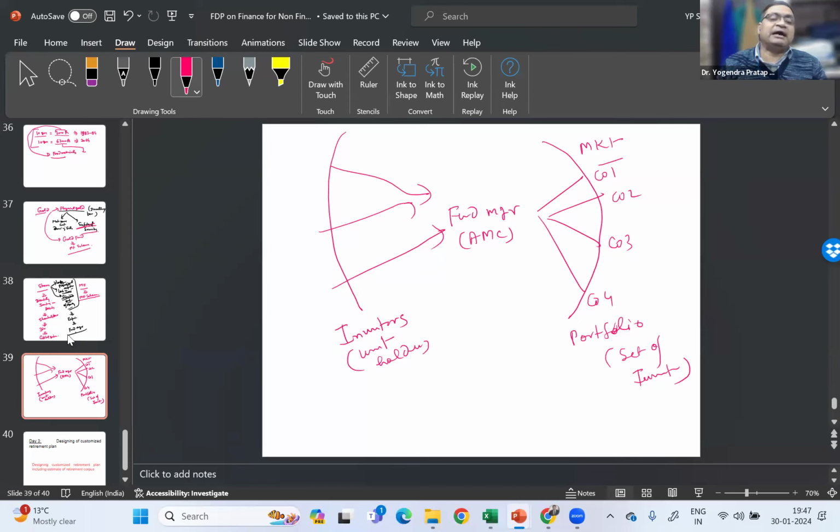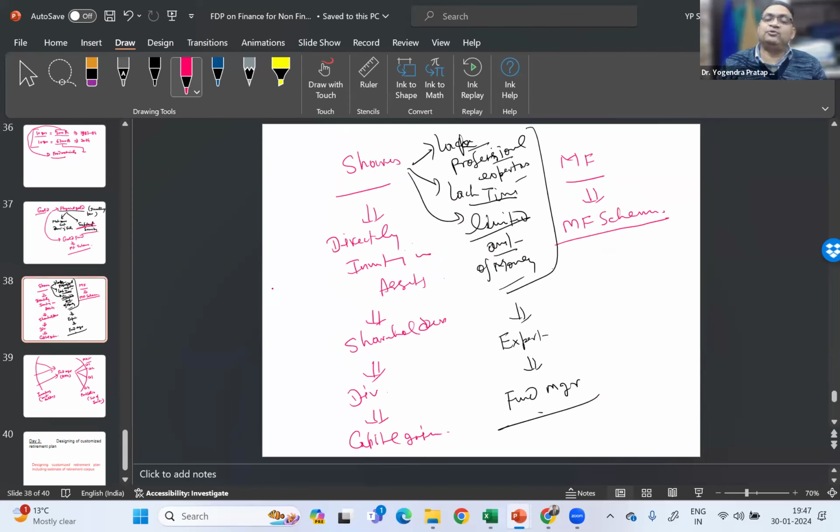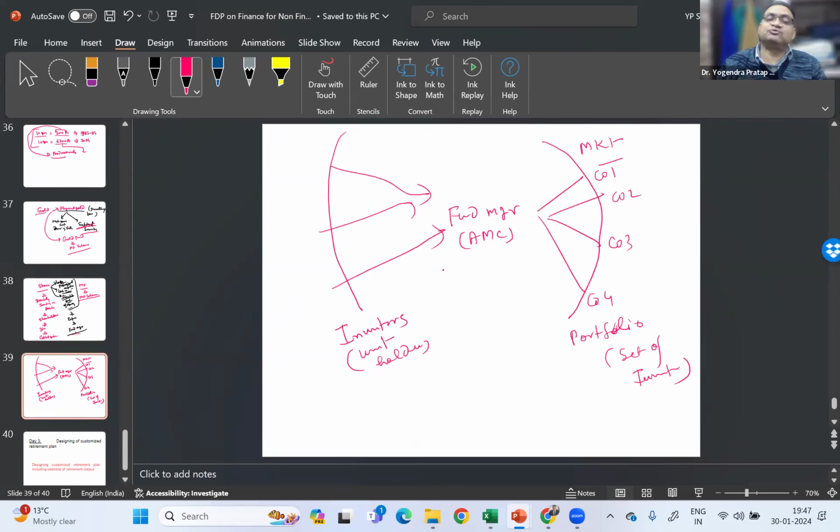Now you are simply giving your money to an expert. All the problems are solved. He is the market expert, and he has a full-time job, so there is no constraint of time either.